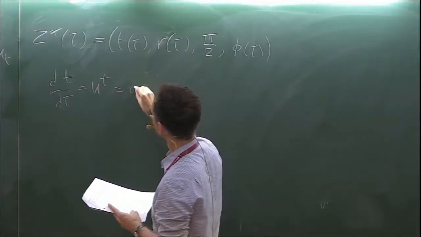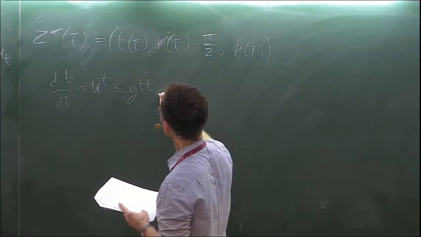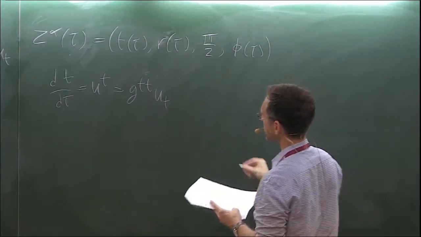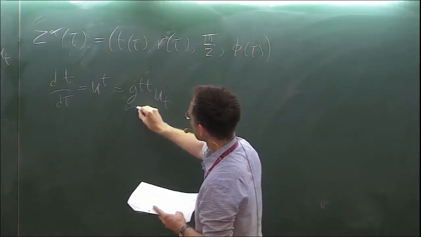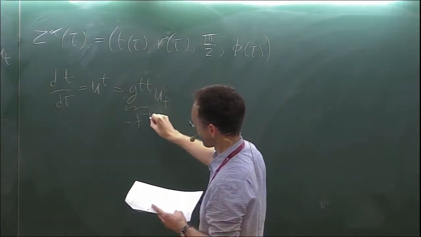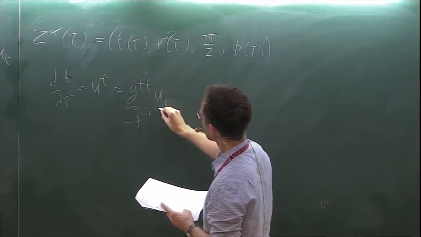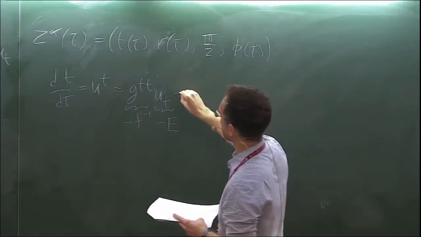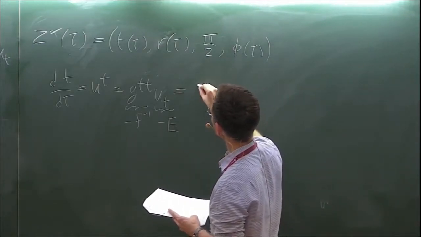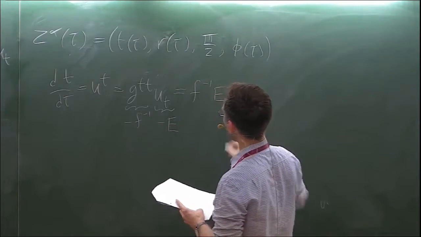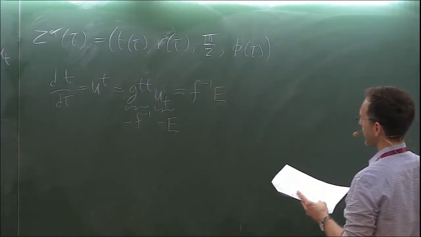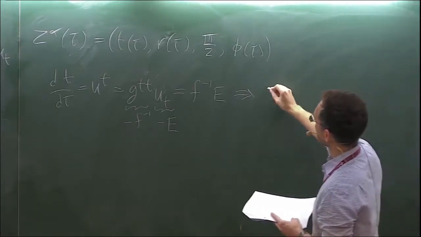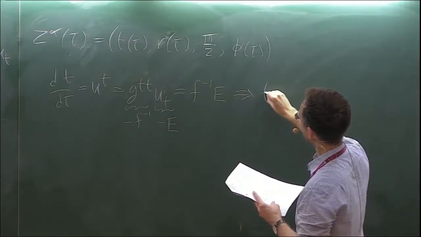is equal to g^tt times u_t with index down. This is minus f inverse. This is minus the orbital energy. So this whole thing is just f inverse E. Let's write that as t dot.